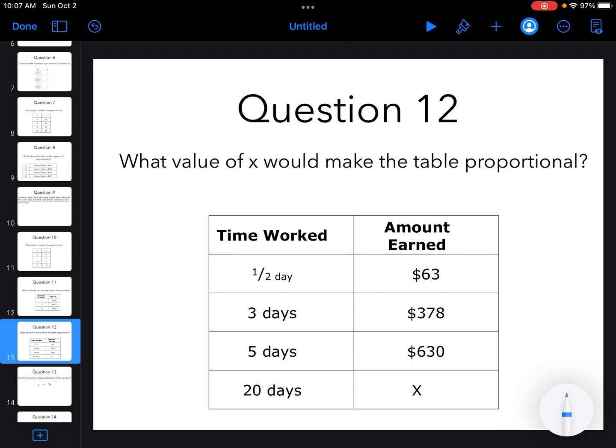What would the value of X be? What value of X would make this table proportional? Okay, well, I don't know what 1 is, so I'm going to have to find for 1. I don't like to deal with fractions unless I have to, so I'm going to divide by 3.